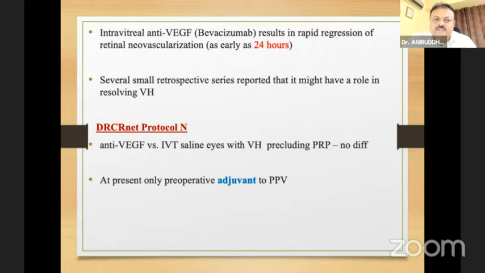And there are several small retrospective series which say that it might have a role. But DRCR.net Protocol AN showed no difference when comparing anti-VEGF versus intravitreal saline.